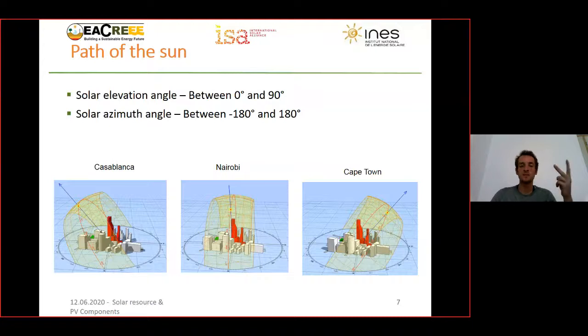So with these two simple angles, you can characterize where to find the Sun at a certain moment of the day all year long. So this will be of crucial importance for your PV system. Because depending on your region, you will get more or less energy.